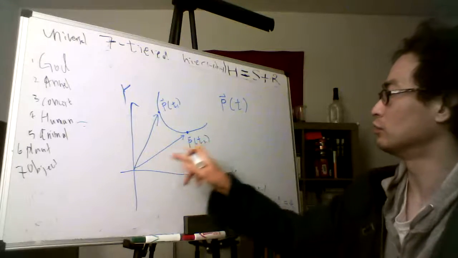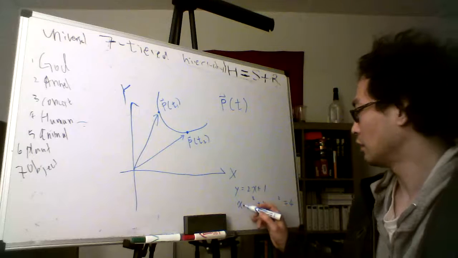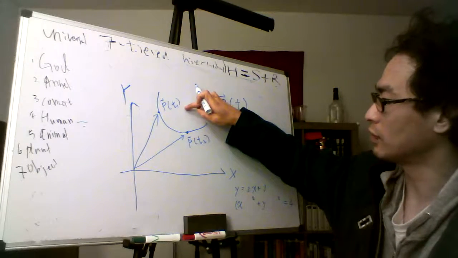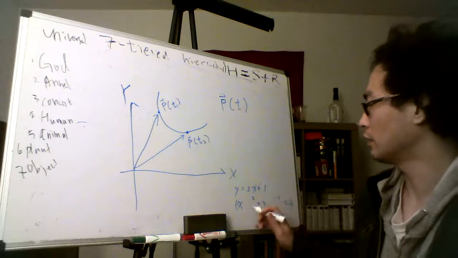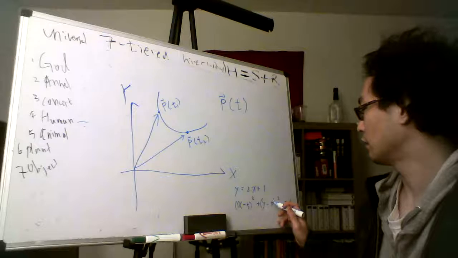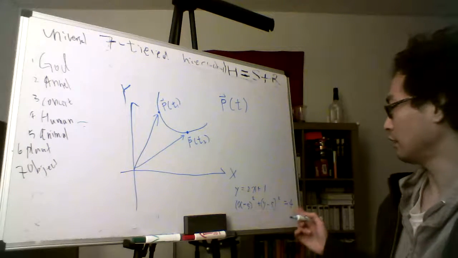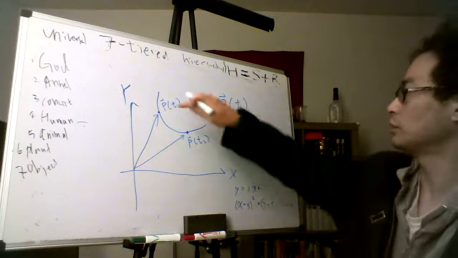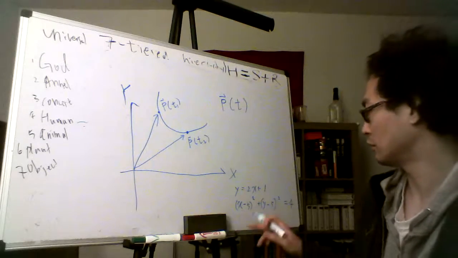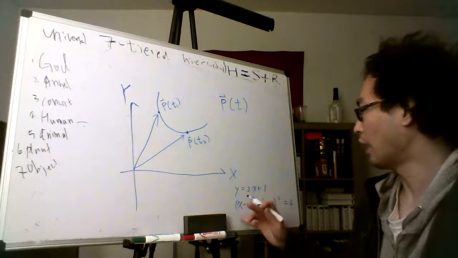But here the circle moved. Let's say this is part of a circle. It moved a lot, so the center point of the circle is around here, so it's like 5, 5, right? x minus 5, y minus 5. The radius is 2, so it's part of the circle. You're going round the circle, traveling counterclockwise.